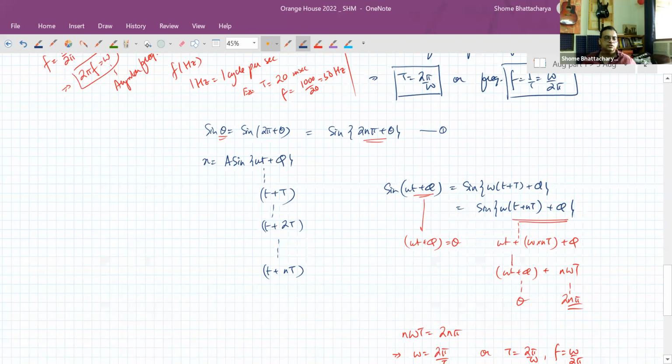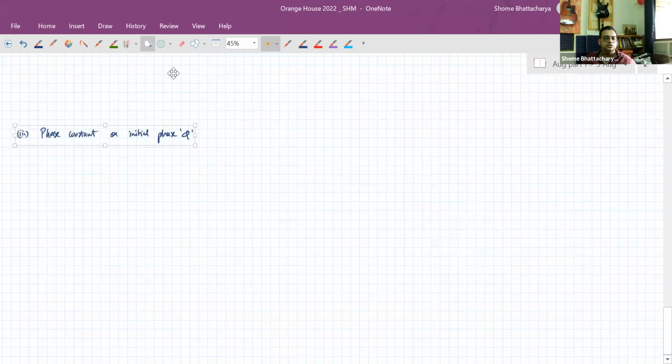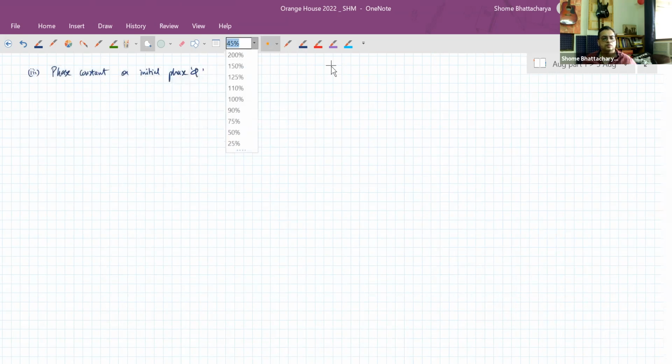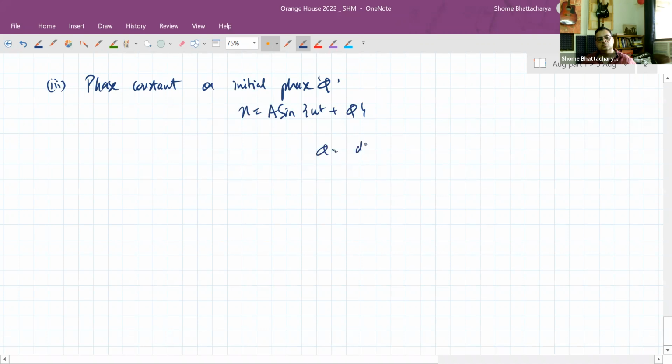Now we come to the third thing, the phase constant or initial phase. That is the name given to this other constant in the equation x is equal to a sine omega t plus phi. Remember, phi is a dimensionless constant, which is measured in radians in the SI system.